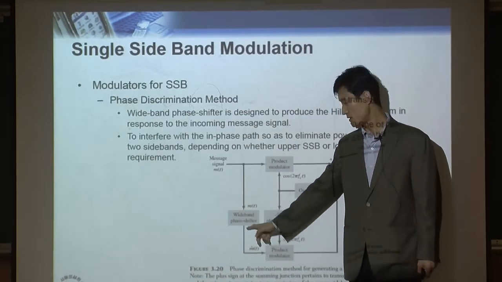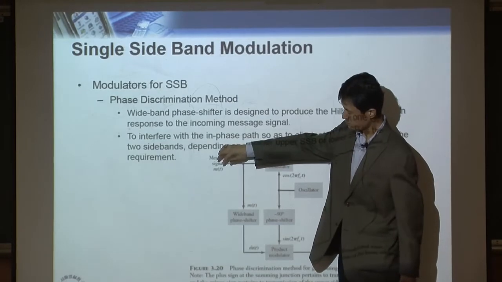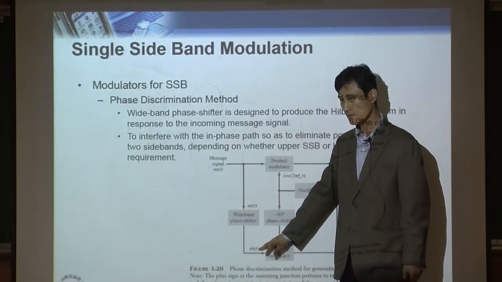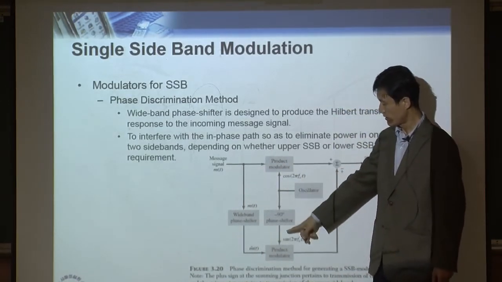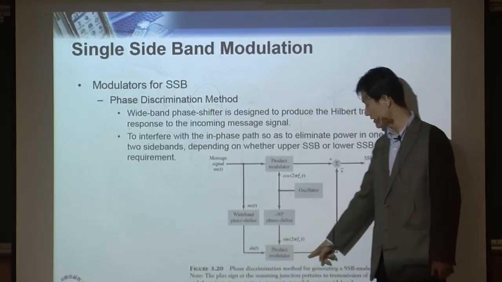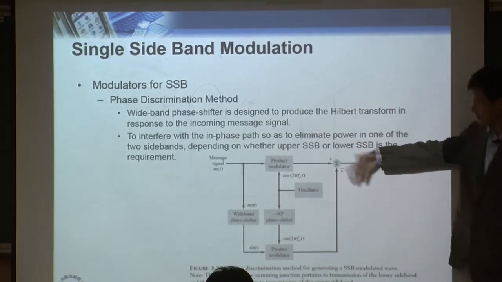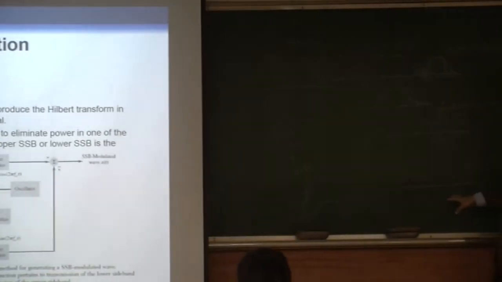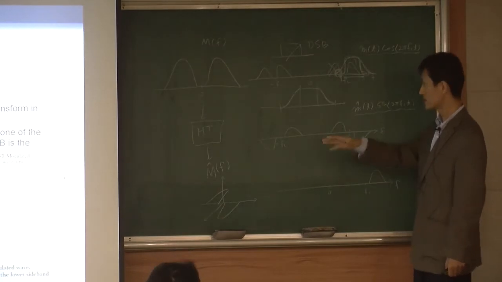So putting the message into the Hilbert transformer, now you'll get m hat(t). In the meantime, you multiply the original message by the cosine carrier. The output of the Hilbert transformer, you multiply by sine. And then you either add or subtract. This block diagram is exactly the same as what we discussed for single sideband creation.